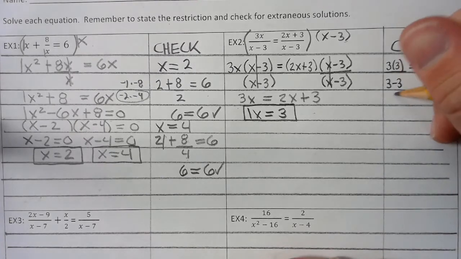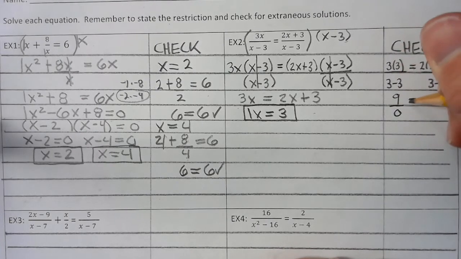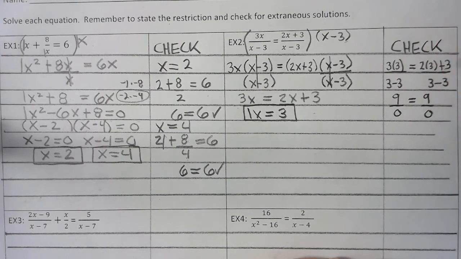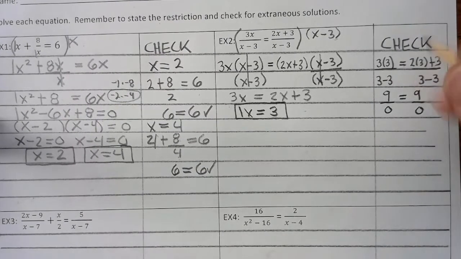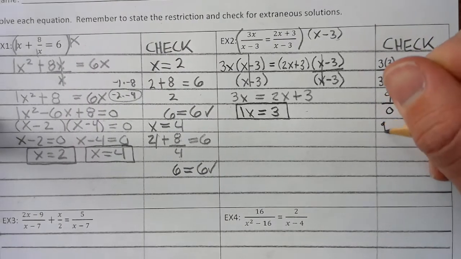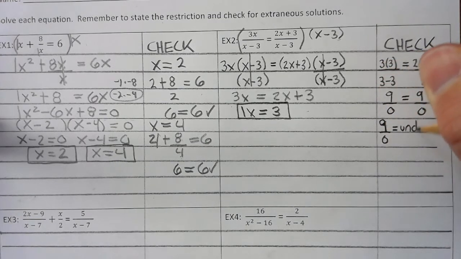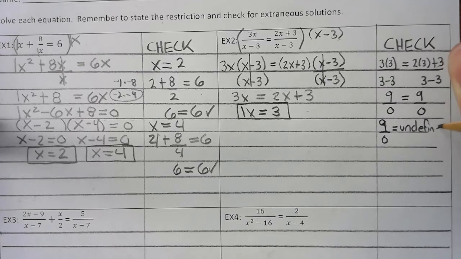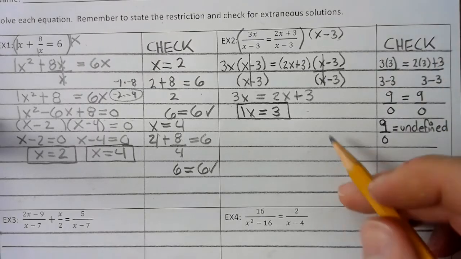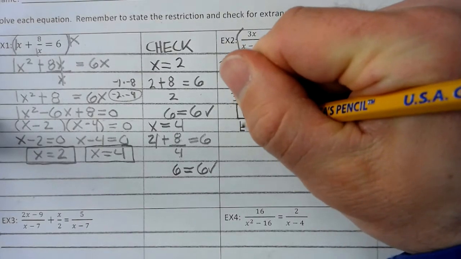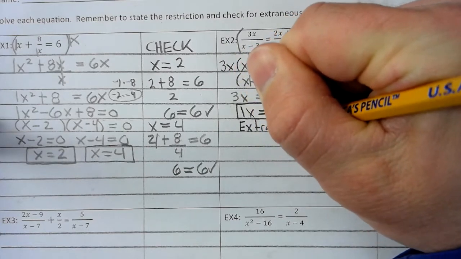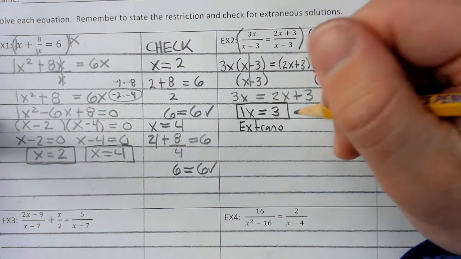So then you get 9 divided by 0 equals 9 divided by 0, which is true, but since 9 divided by 0 is undefined, we can say that x equals 3 is an extraneous solution.